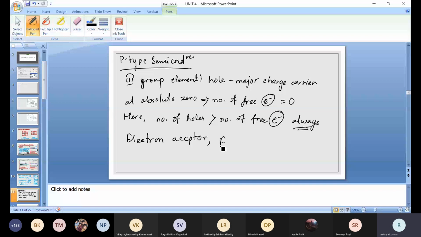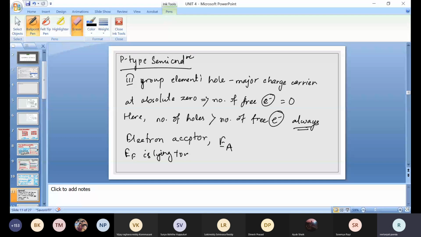And here the Fermi energy is lying near the valence band.